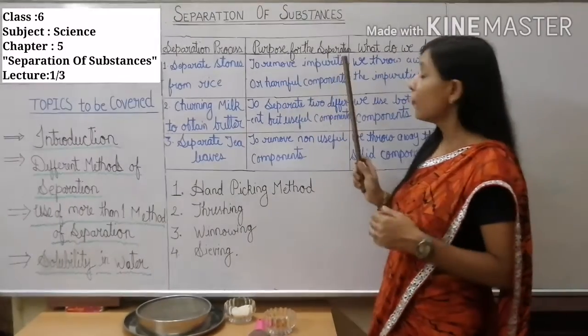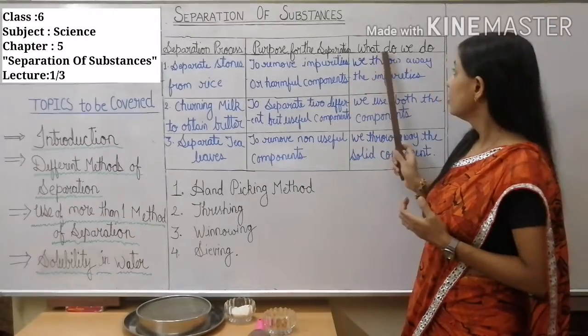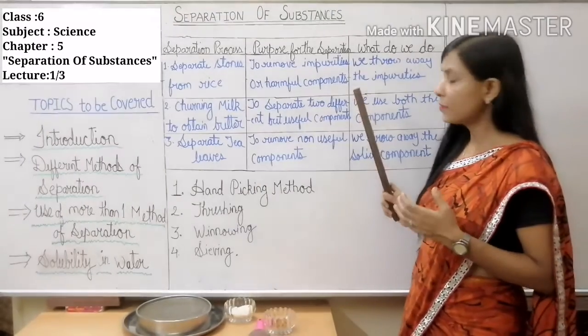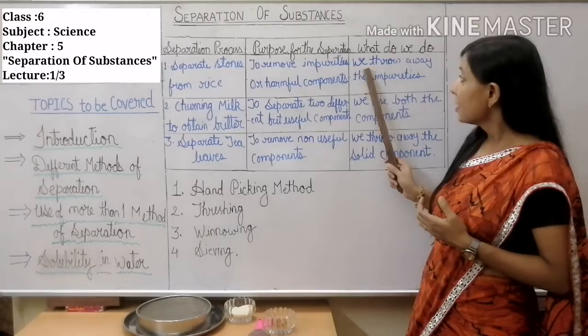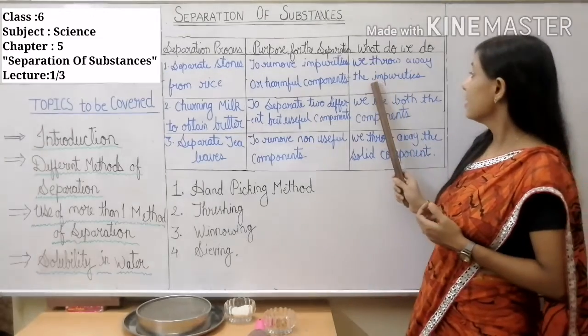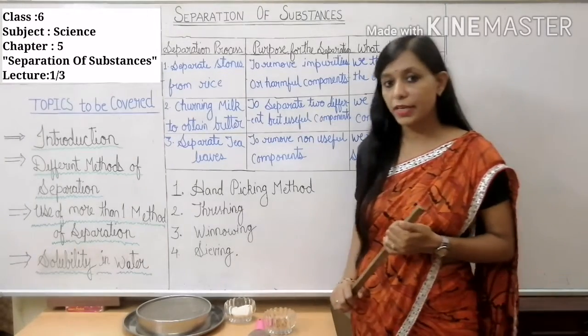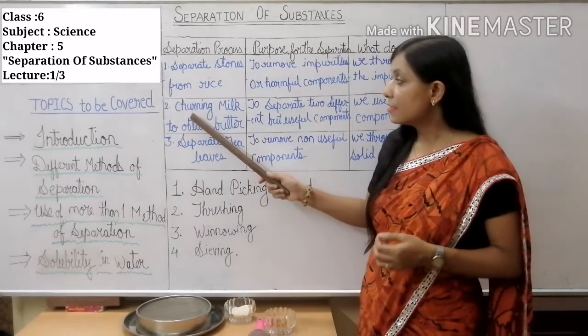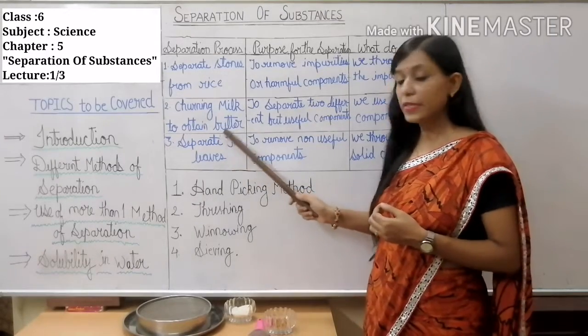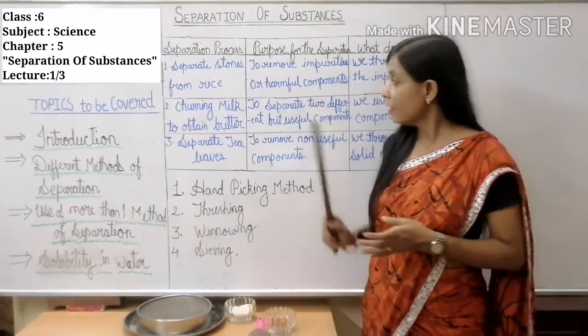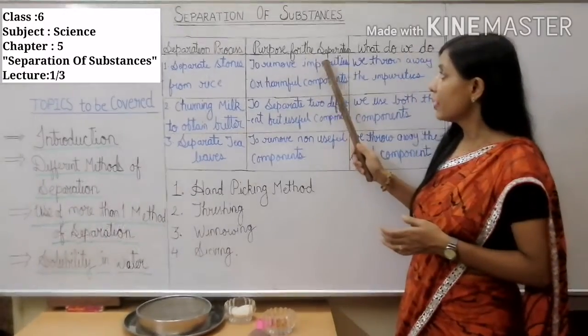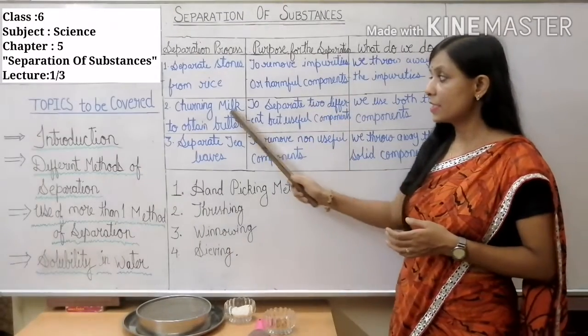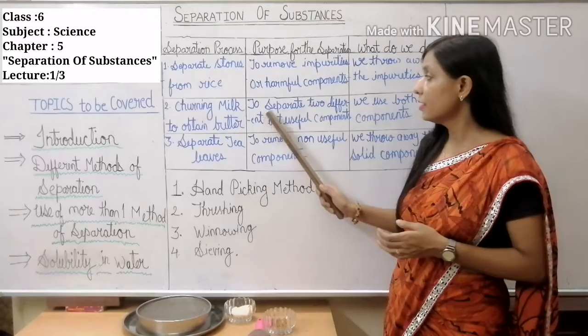And what will we do with the separated substances? We throw away the impurities. Second one is churning milk to obtain butter. What is the purpose of churning milk?